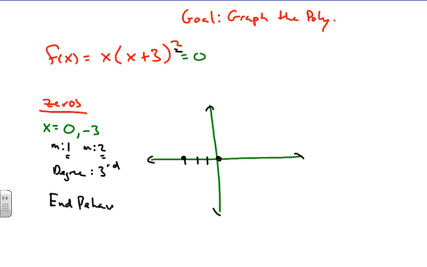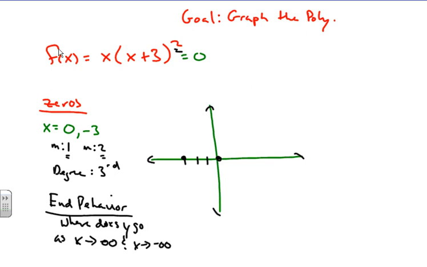The end behaviors, if you watched my other tutorials, are what happens to the graph: where does y go as x approaches infinity and as x approaches -infinity? So the two ends of the graph, where do they go? Do they go up, down? Do they approach an asymptote?